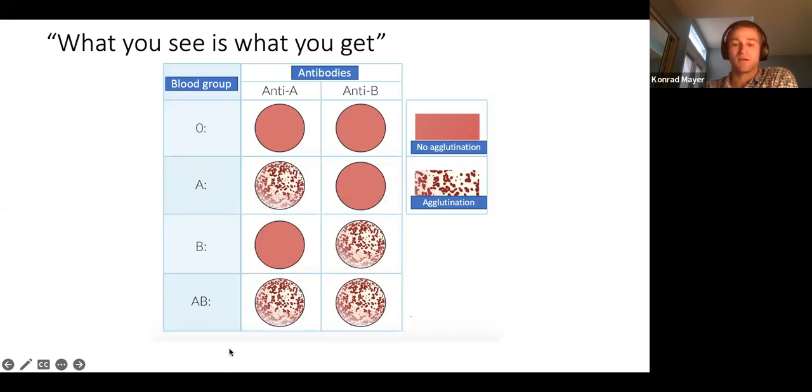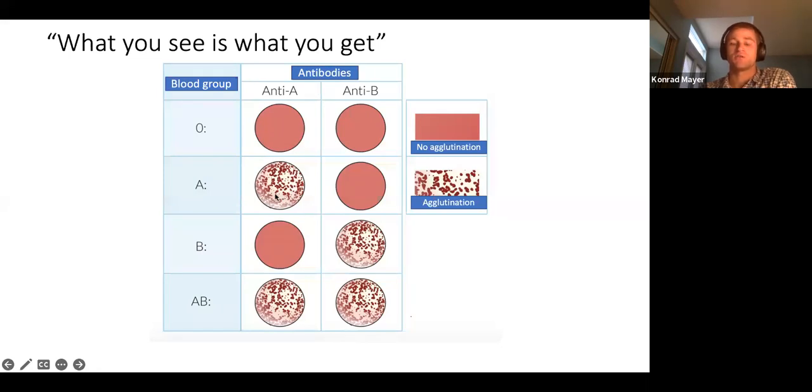This is very important to know. And this is easily understood if you understand the ABO system. The idea of these tests is that this is basically mimicking what would happen if you were to transfuse blood to the wrong patient.